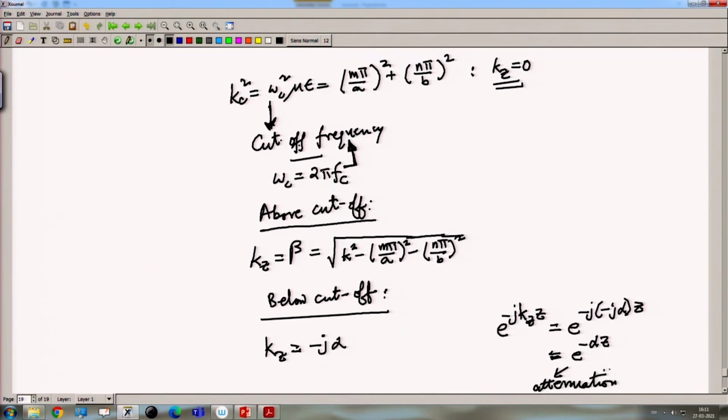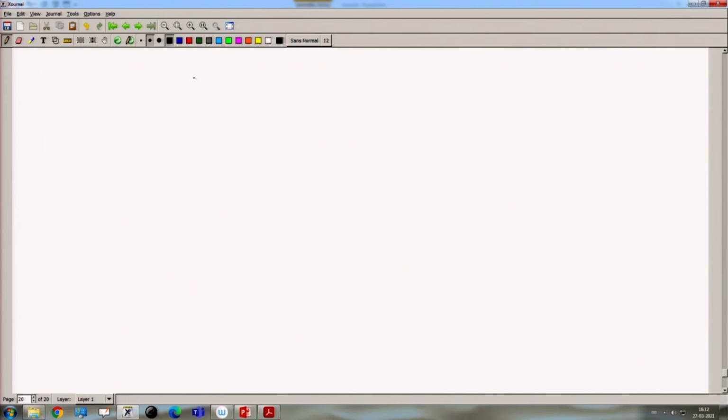So, had we made the other choice, had we made the choice kz equal to plus j alpha, this wave e to the power minus j kz z would have corresponded to minus j into plus j alpha z, that is e to the power alpha z.